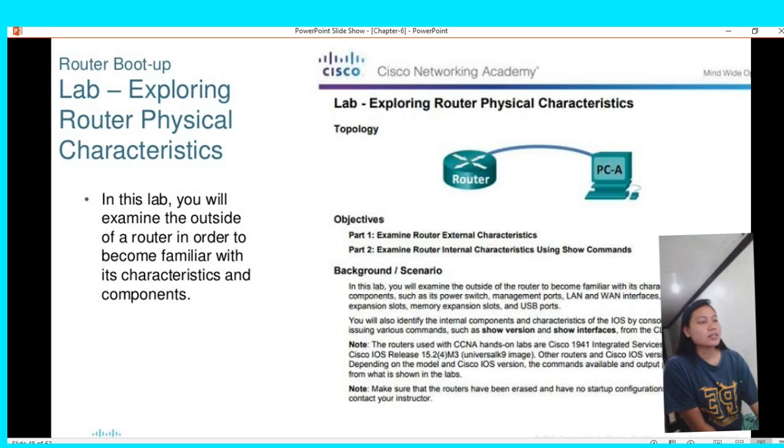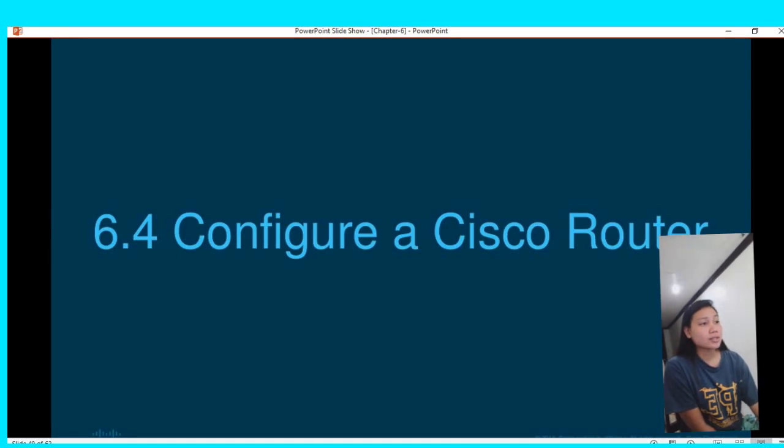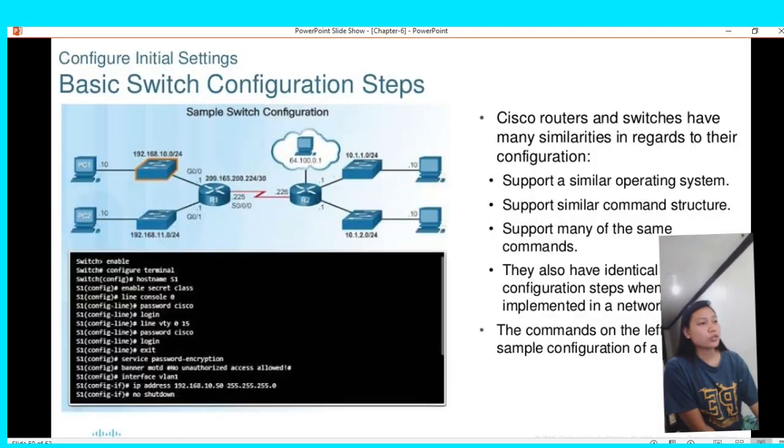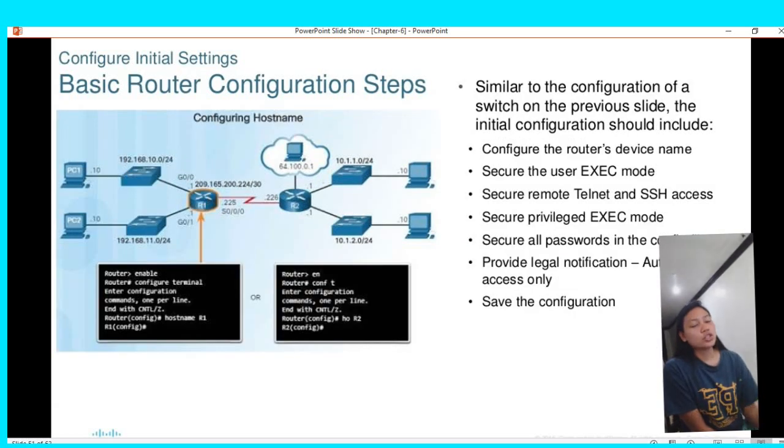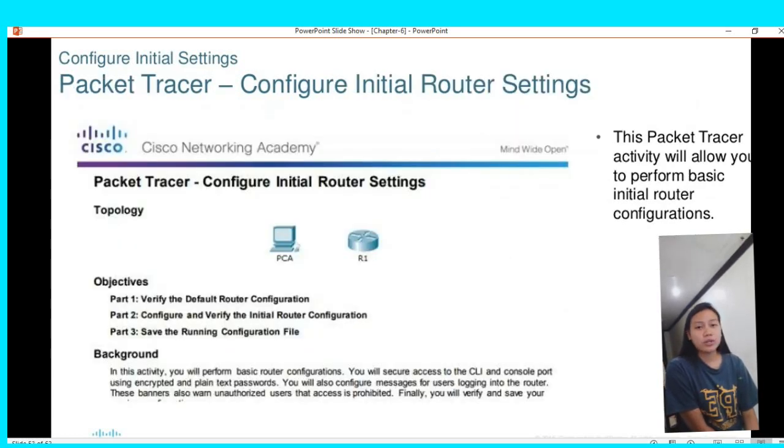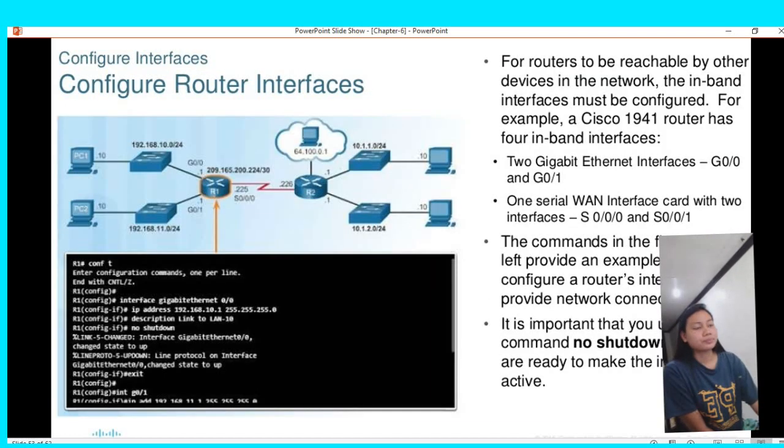Boot set files. Cisco routers and switches load the IOS image and startup configuration file into RAM when they are booted. Router boot up process. The show version output: the show version command displays information about the version of the Cisco IOS software running on the router, as well as the version of the bootstrap program, information about the hardware configuration, and lastly, the amount of system memory.